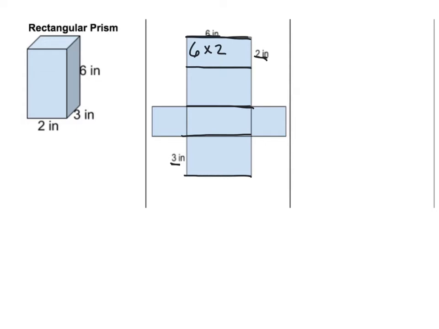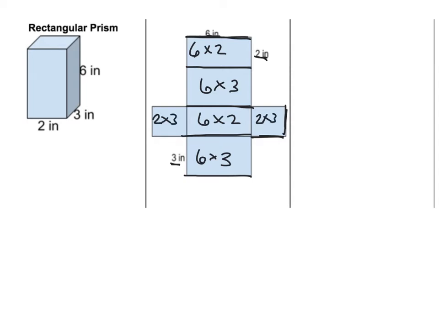So that means down at the bottom here, I have 6 by 3. And that also must mean that this one has to be 6 by 3 because they're on opposite sides of the object. This must be 6 times 2, and that leaves the top and the bottom over here, which is going to be 2 by 3. And this will also be 2 by 3.